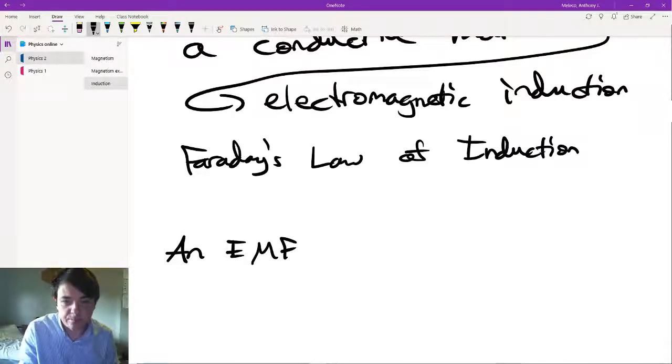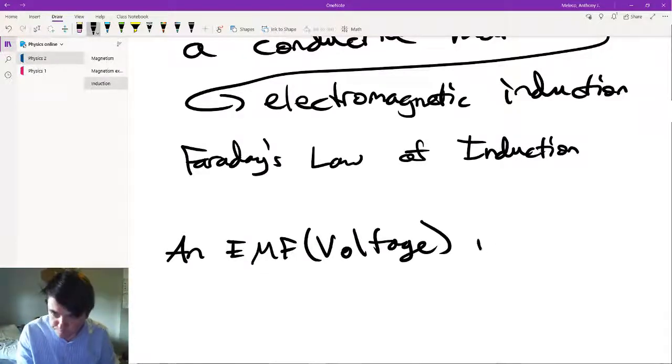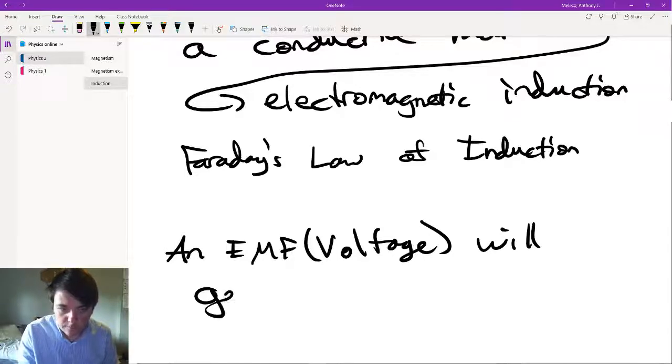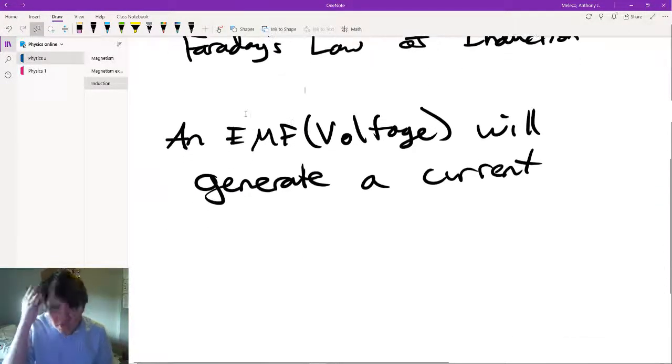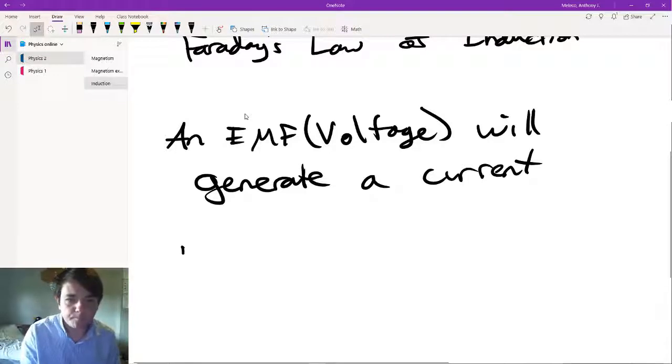Once you've established an electromotive force, or a voltage, it will generate a current.